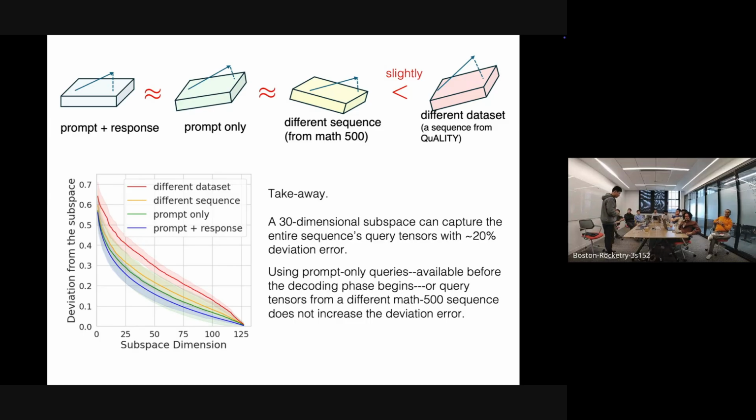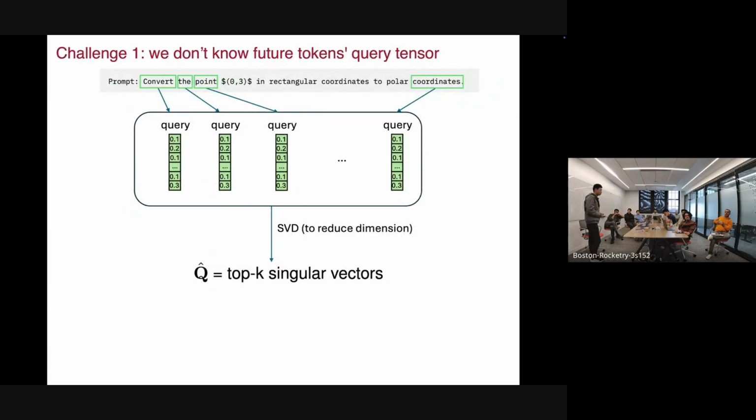So again, that's one of the main takeaways, which is that using prompt-only tokens, which are available even before the decoding phase gets started, or using query tensors from a different sequence from the same data set, doesn't increase the subspace deviation error. So that leads to the solution we give for challenge 1, which is that we don't know the query tensor of future tokens.